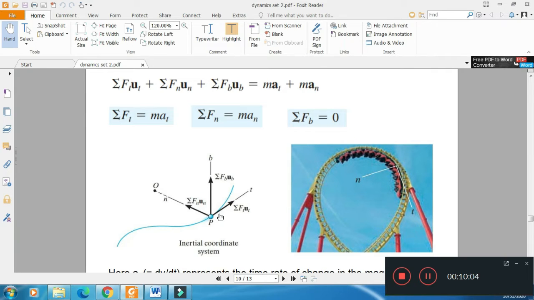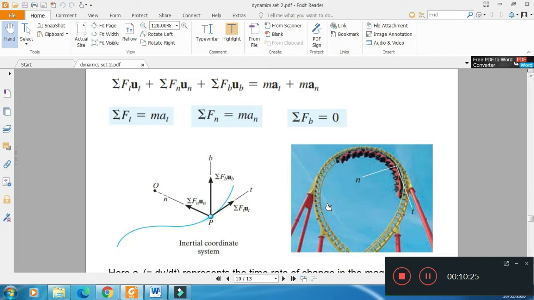So motion is described with the help of tangent and normal, but there are three coordinate axes which have an angle of 90 degrees. This is the case where we can apply the tangent and normal components.